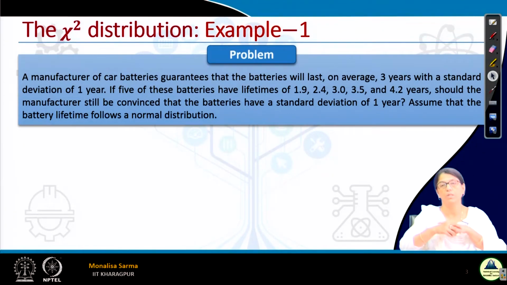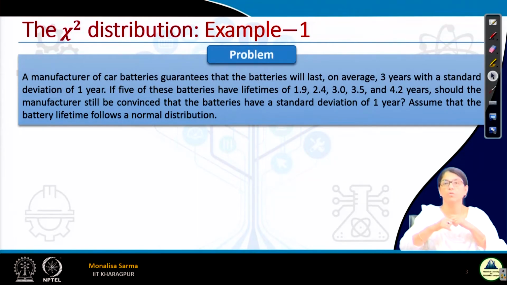In those cases, we need to infer the variance of the volume. For that, we need the sampling distribution of the variance, and for that, we use chi-square distribution. We have discussed what chi-square distribution is in my last class.